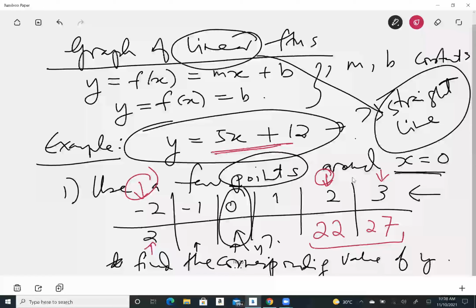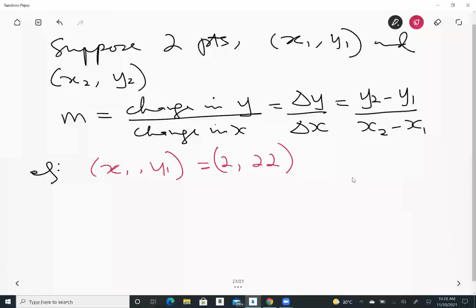Let's say I have already determined x1, y1 equal to 2, 22. And then x2, y2, what was it just now? 3, 27. Okay. So the slope is equal to the change in y divided by the change in x, which is equal to y2 minus y1 divided by x2 minus x1.